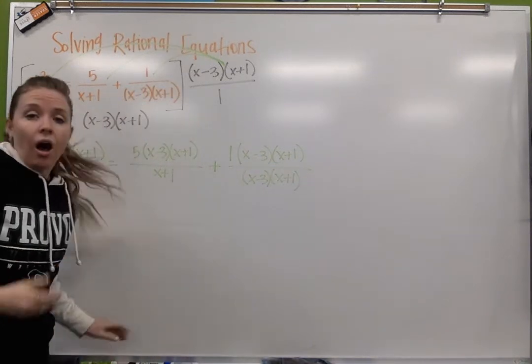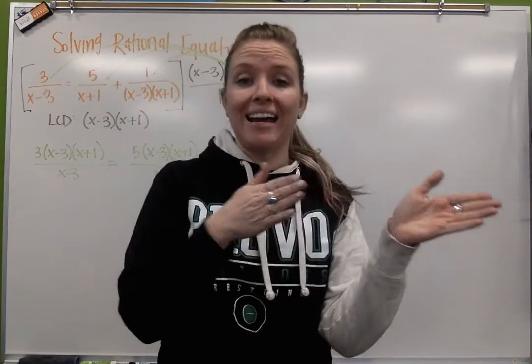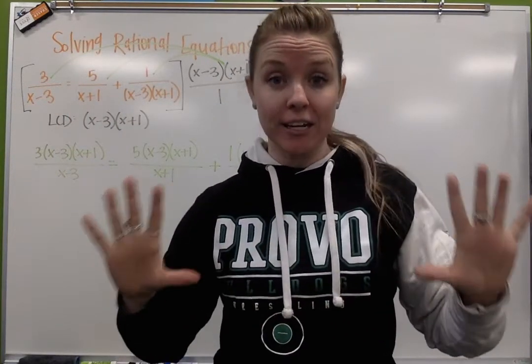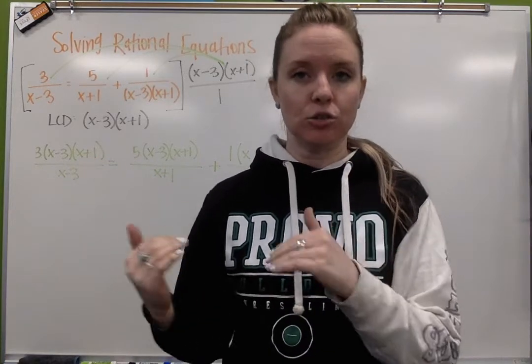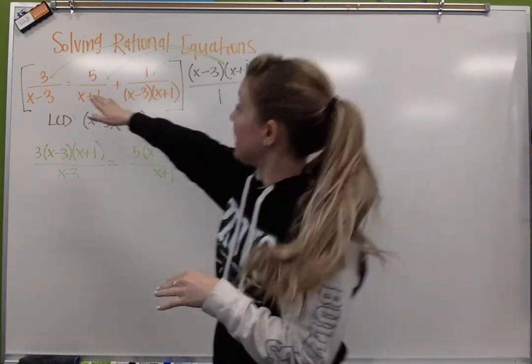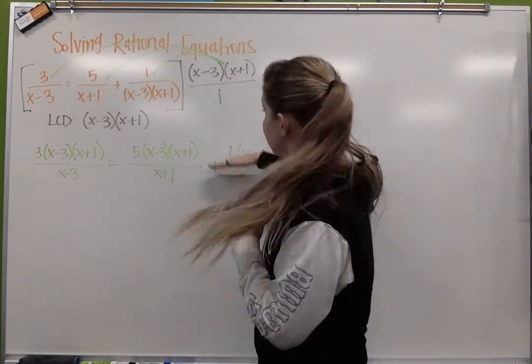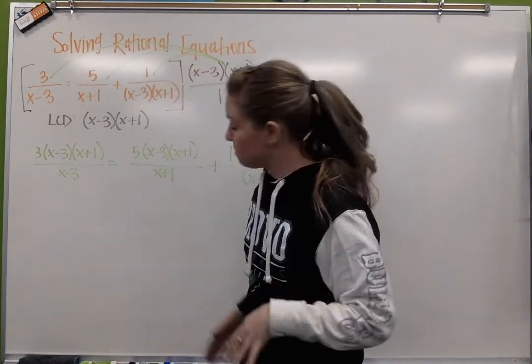All I've done is multiply everything by the same value. As long as I multiply everything, my equation is still true. Each term got multiplied by the same thing, so this is still a true statement.